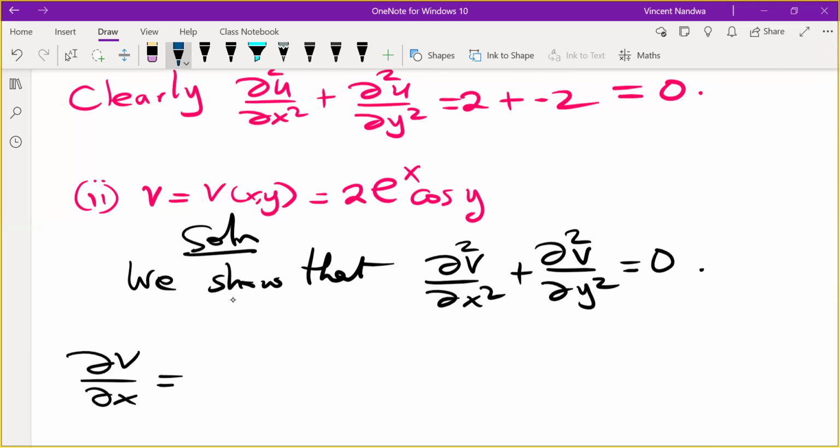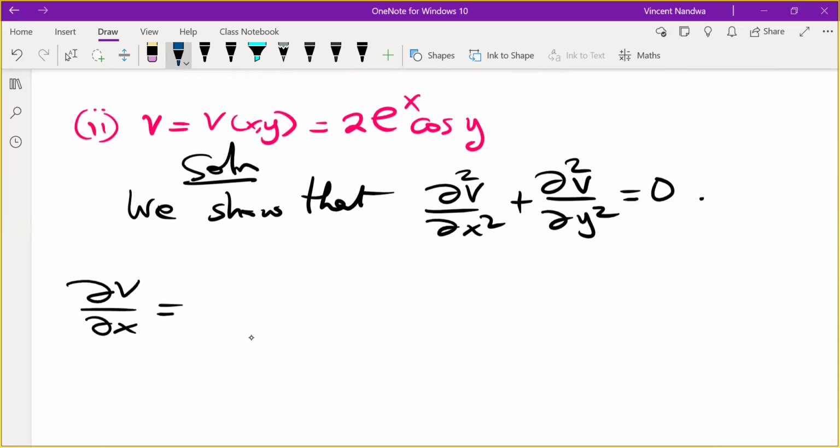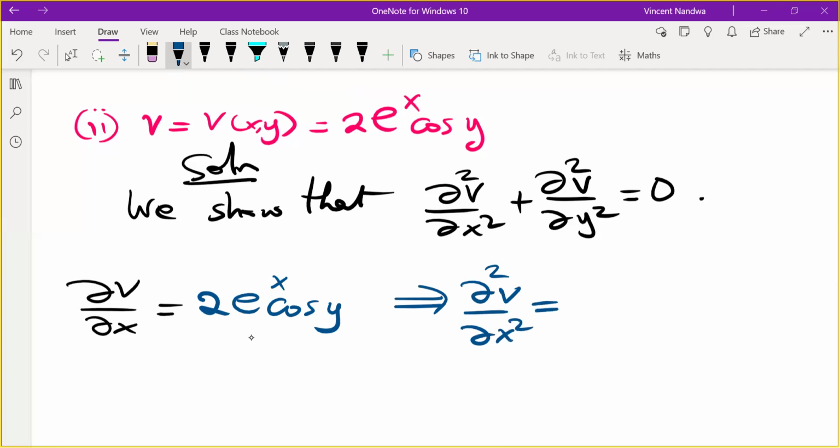We differentiate this function with respect to x. We get 2 e power x cos y, and then the second derivative will be 2 e power x cos y.